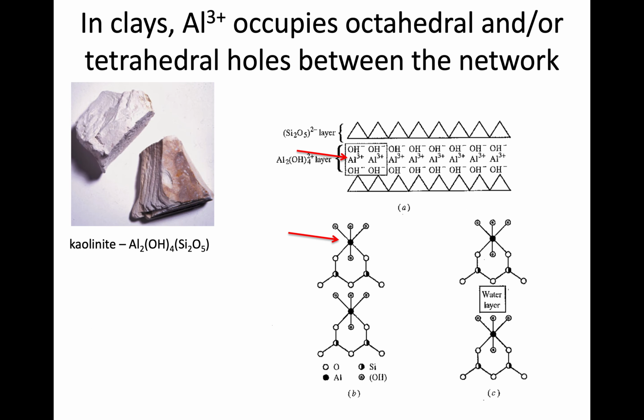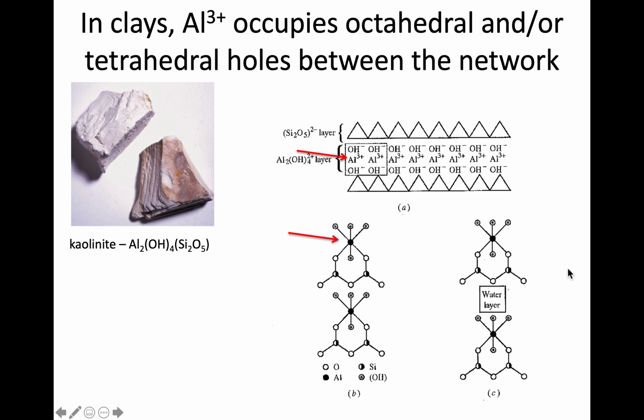In these clays, kaolinite is an example, and aluminum plays an interesting role. Aluminum is part of this structure, so it's not just SiO2 anymore. There's actually some aluminum. Aluminum is interesting because it can substitute in multiple ways.